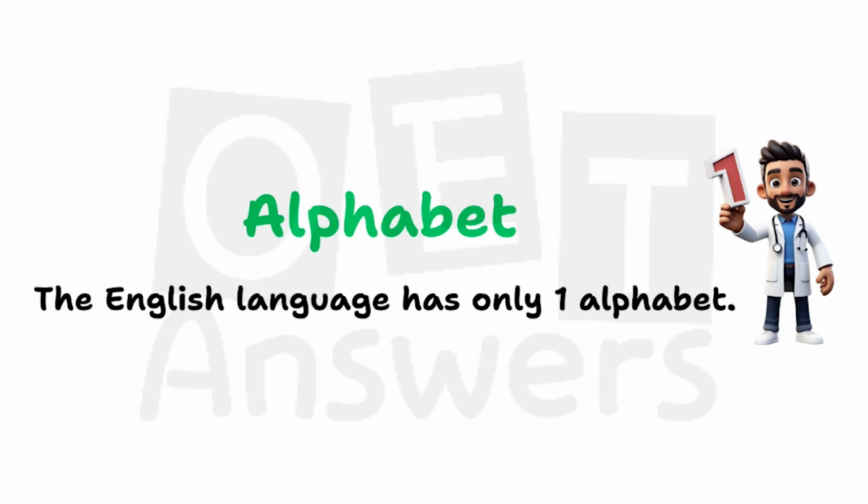So in English we have 26 letters. All the 26 letters together we consider as an alphabet. Only one alphabet is there in English, which consists of A to Z, right?